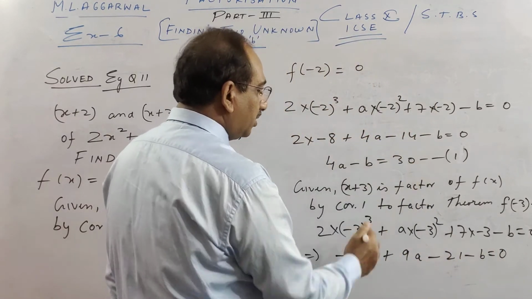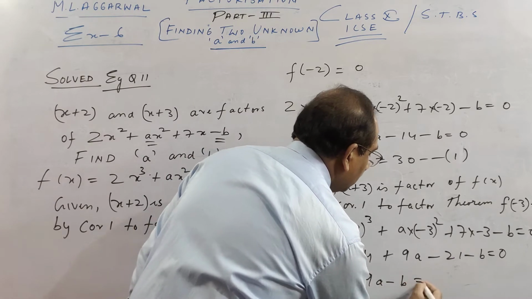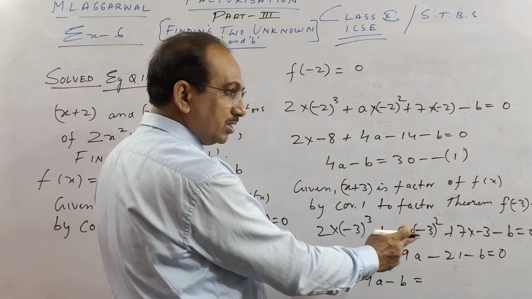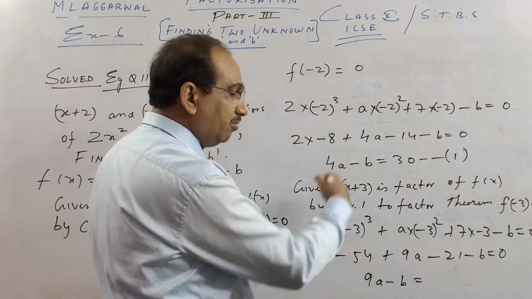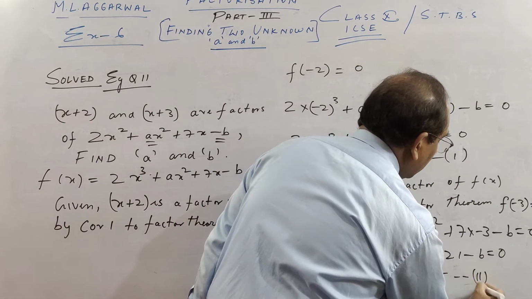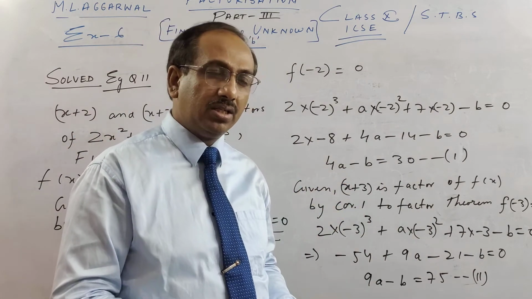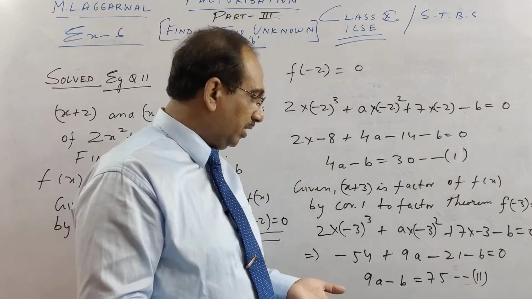As we got equation 1, this will be my second equation. So 9a minus b, minus 54 minus 21 is minus 75. When you transpose to the other side, it becomes 75. This is my second equation.